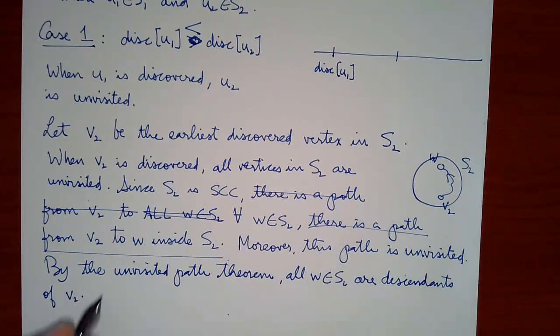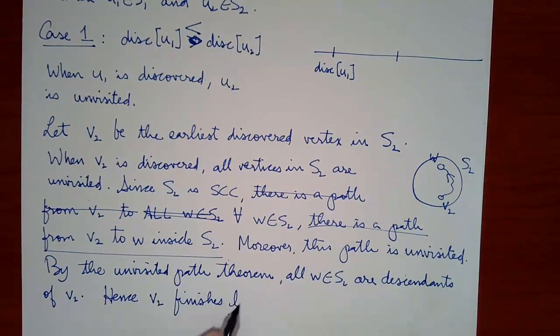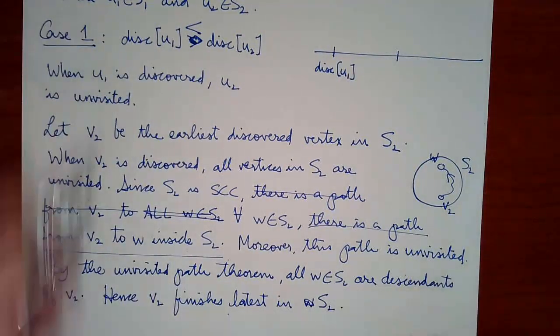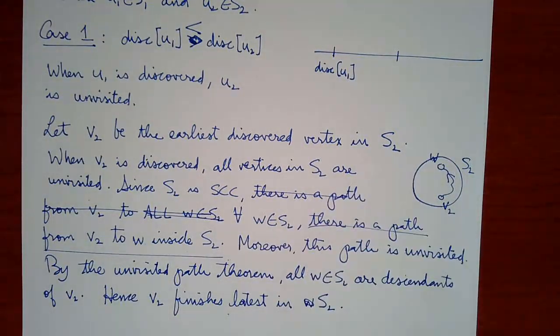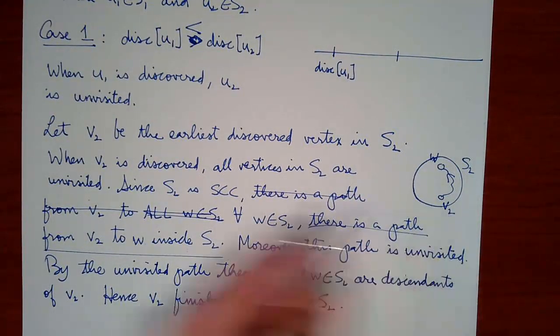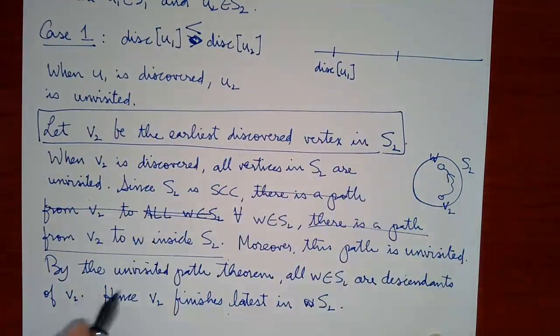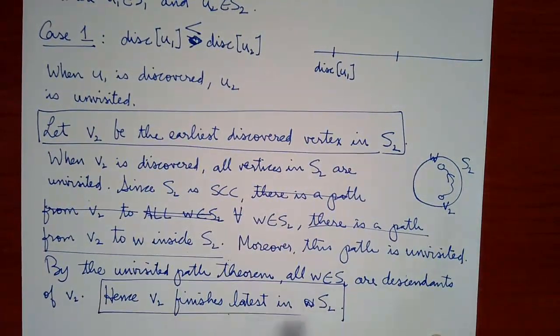And because they're descendants, hence V2 finishes latest in S2. Okay, so we'll come back to this in a moment. So we have this vertex V2, which is the earliest discovered vertex. And we know that V2 finishes the latest.